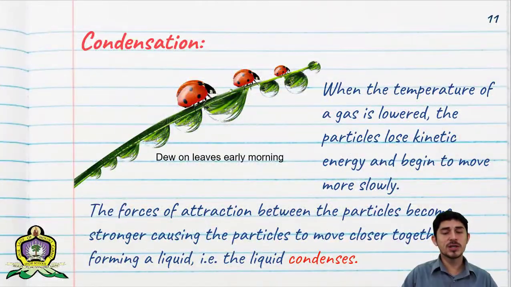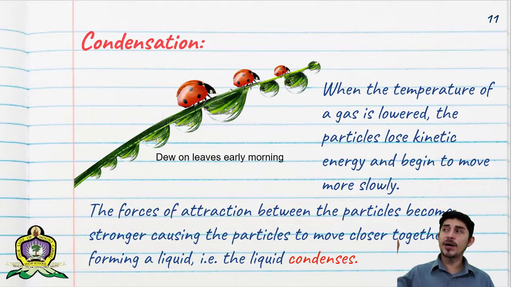Our next process, a little bit harder to understand, is condensation. Condensation is the process in which a gas turns into a liquid. And there are a few instances in which you have experienced condensation. To condense means to come together.